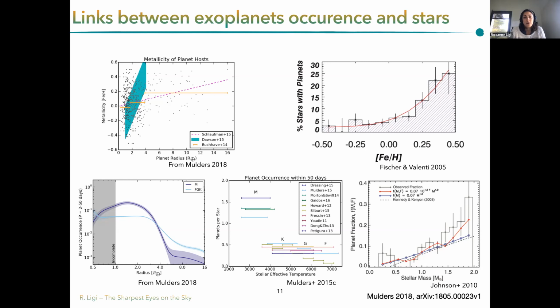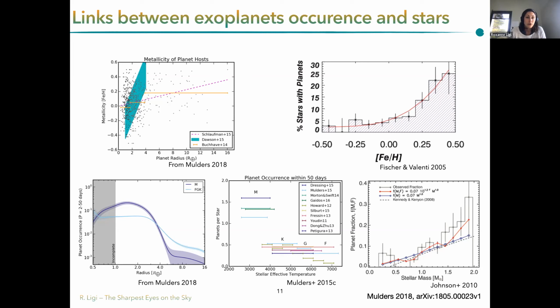Actually, that was predicted since the years 2000, I think, by Ida et al., because models predicted you need material in the disk to be able to form exoplanets. So you need metals.